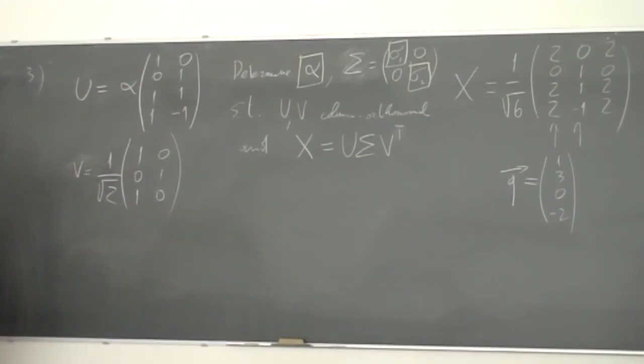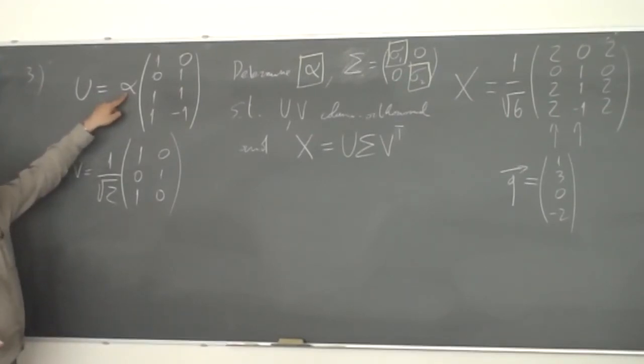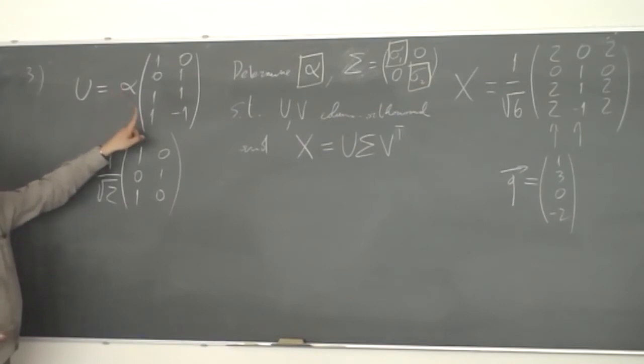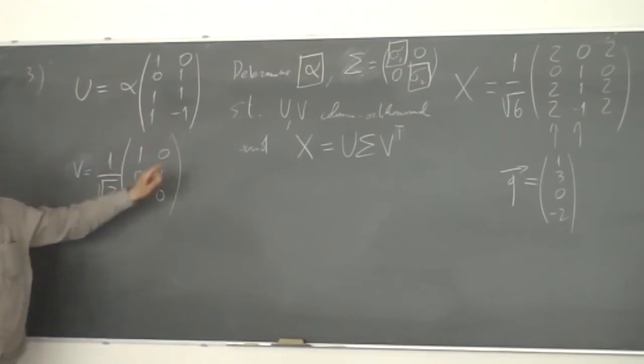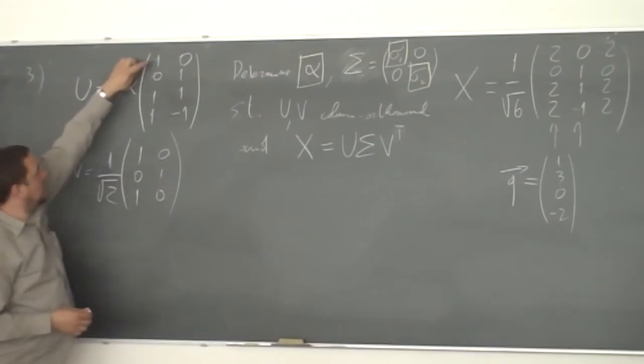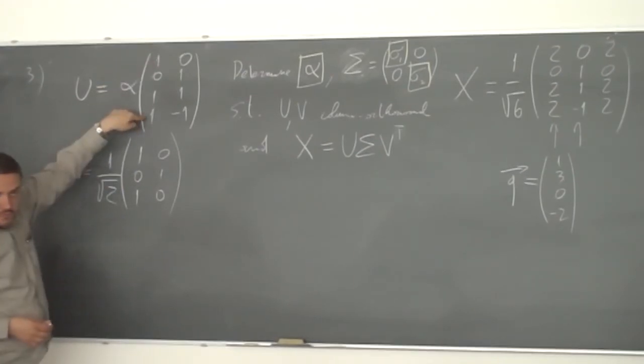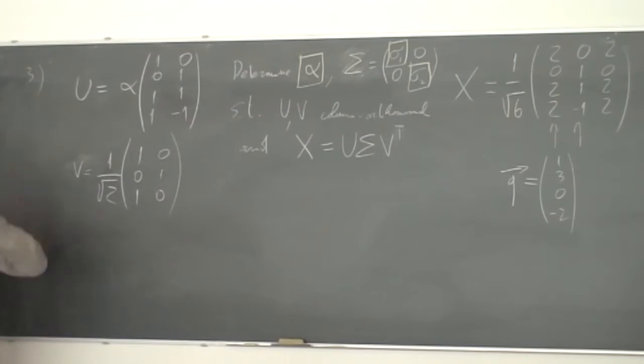The first one that we can determine is, of course, alpha. Alpha must be computed so that U is column orthonormal. In particular, it means that the dot product of a column of U by itself must be 1.